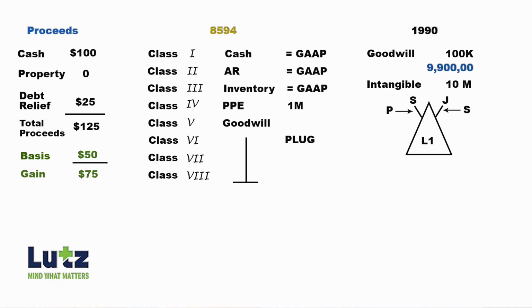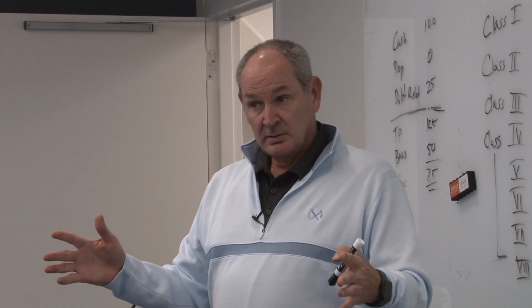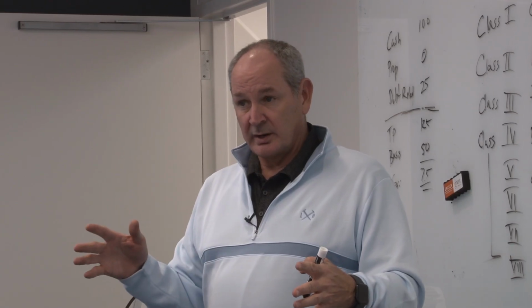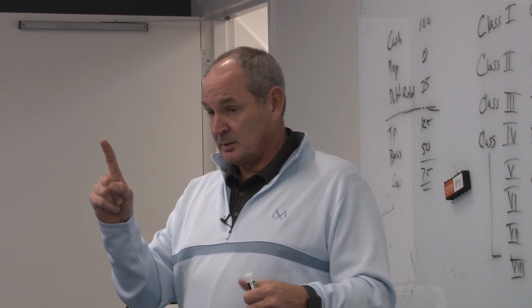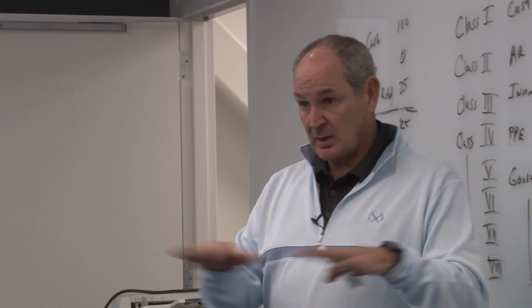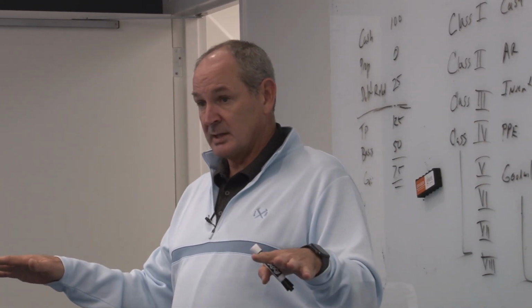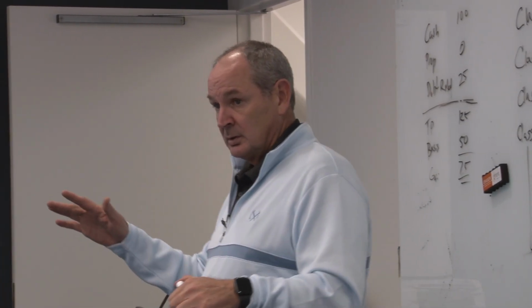Because you can't say the goodwill that existed, this is my impression, I'm pretty sure I'm right. If there's $1 of goodwill in 1990 that grew to 10 million, it's all bad. You can't say the growth of the goodwill post-91 is something that was deductible.